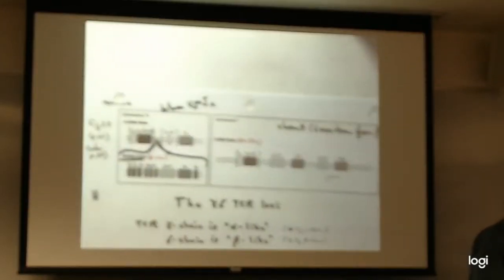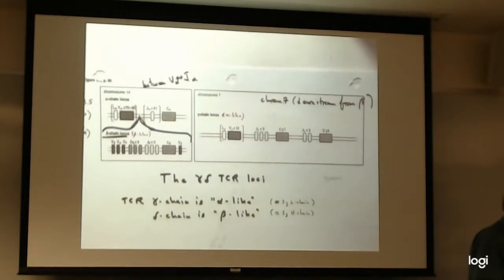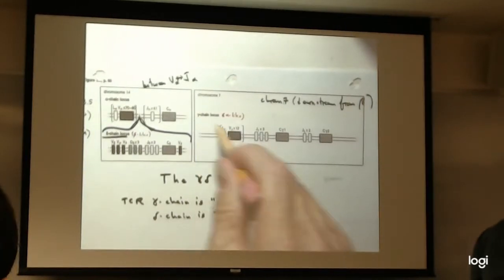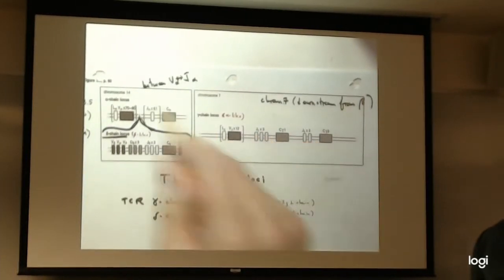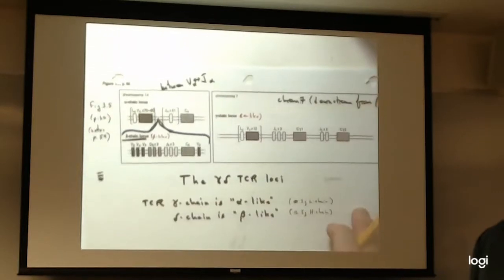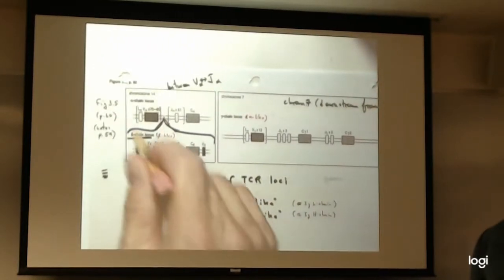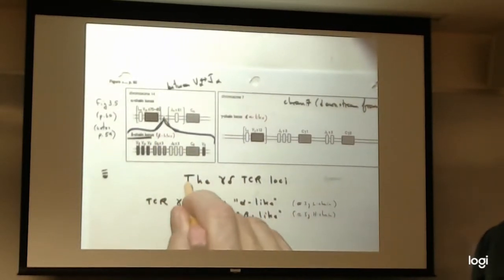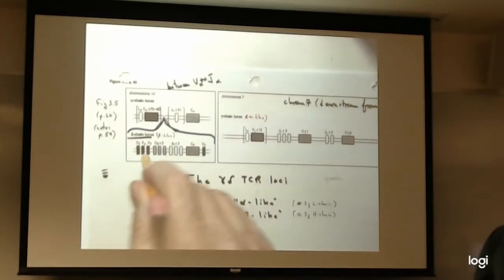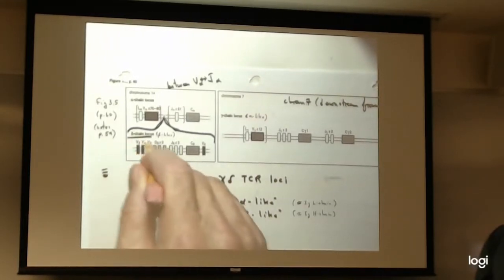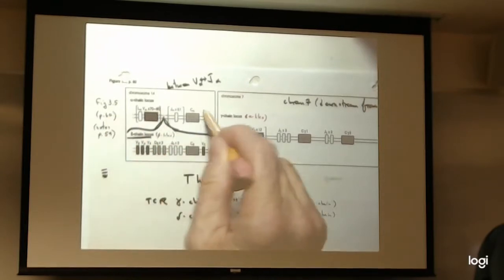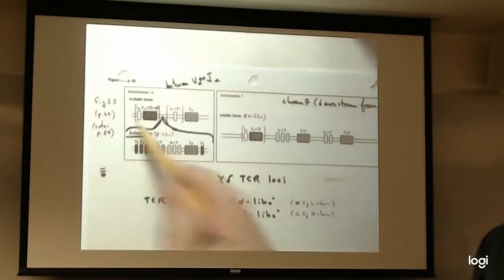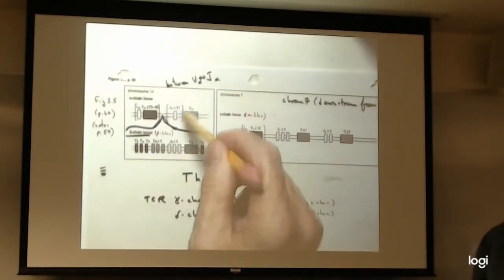Now, the gamma delta TCR loci, the gamma chain locus is on a different chromosome altogether from the alpha and beta loci. But the delta locus, I'm going to say here, is located on the same chromosome as the alpha chain segments here.